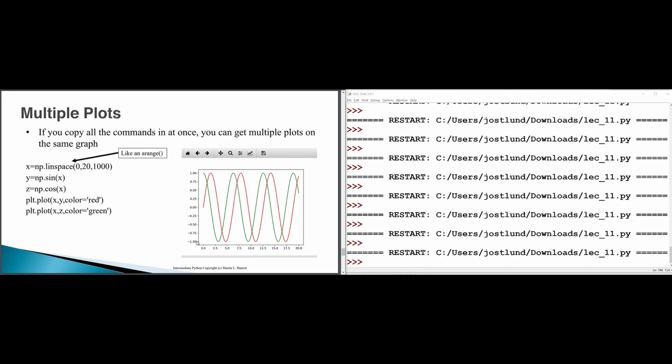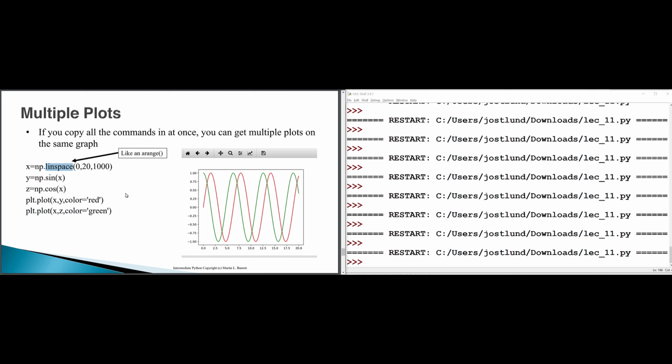Here are even more examples. NumPy's linspace function is a little bit like arange. Here I'm getting values from 0 up to just shy of 20, and I'm getting them evenly distributed. I'm getting 1,000 draws within that range.